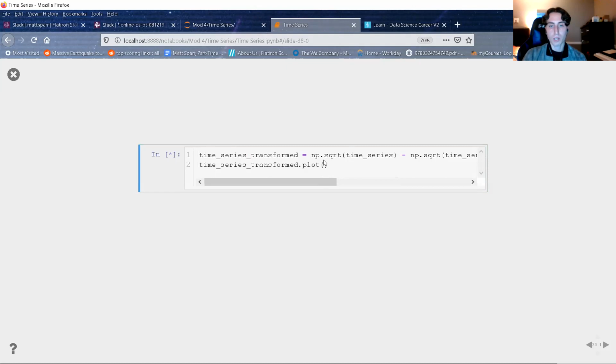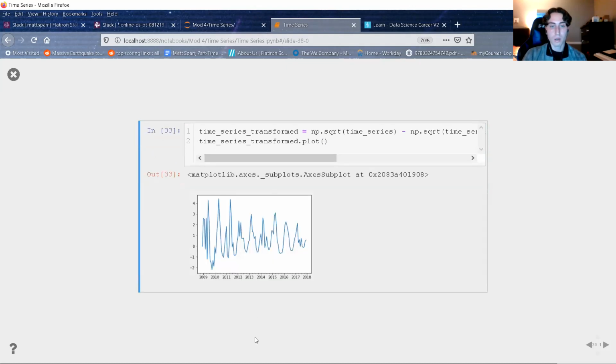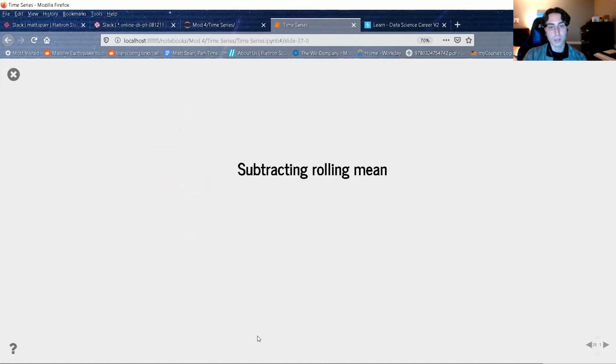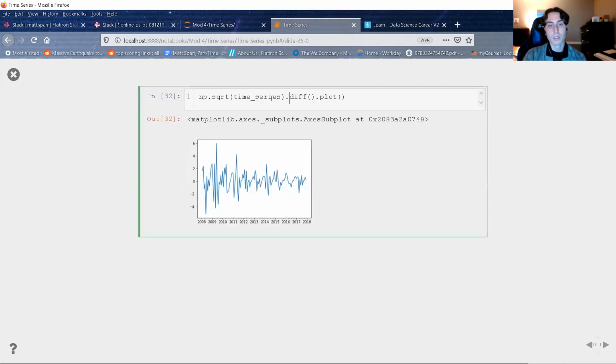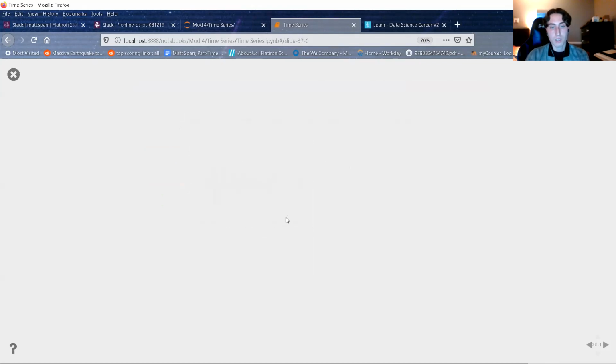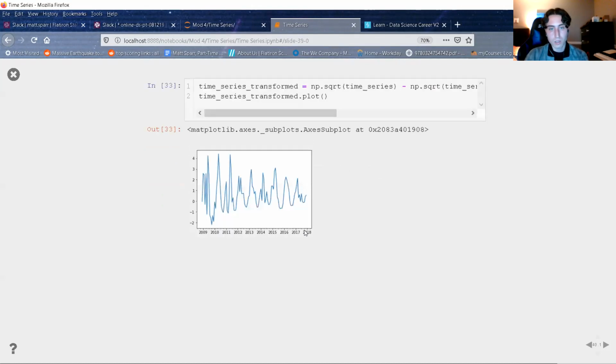So if we go ahead and plot this, you'll see what it does. It does almost the exact same thing as just taking the lag 1 difference. So in this case, either one would be valid because it gives the same result.